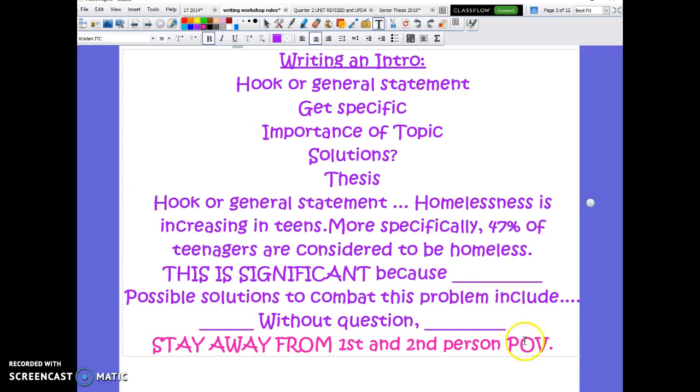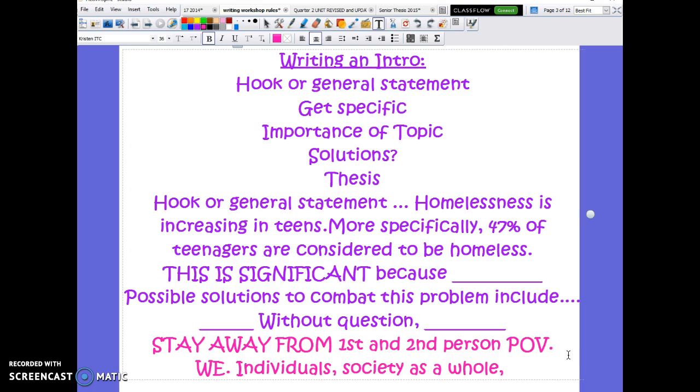The only second person that you can use is we. You is not good, I is not good, that's first, but we is the only second person point of view you can use. And then third person pronouns would be like individuals, society as a whole, or society.